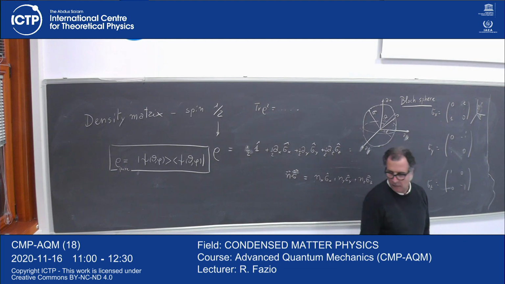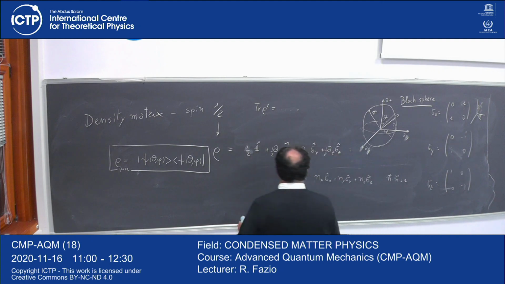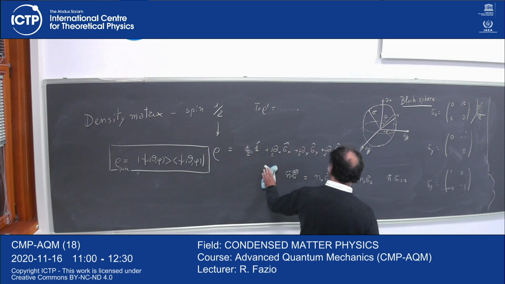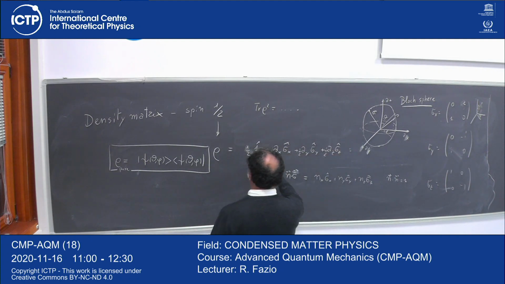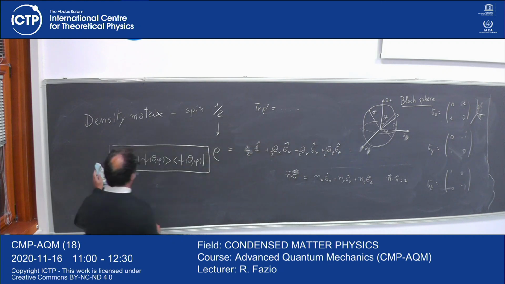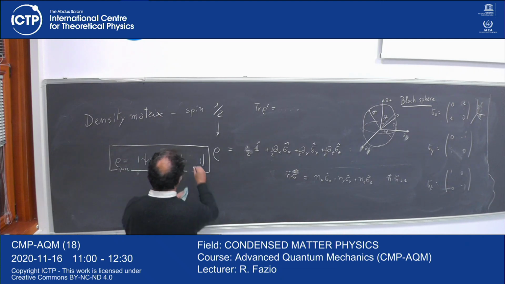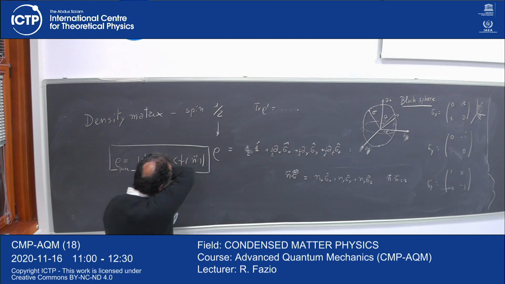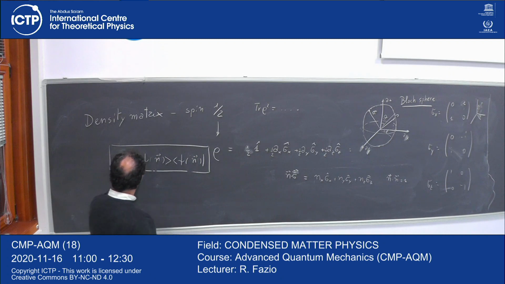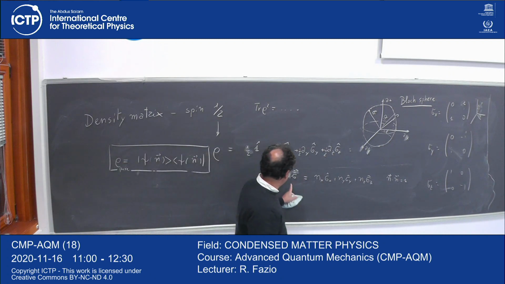So it's like writing in this way: instead of theta and phi, I just put the vector n. This ket n is just an eigenstate of this operator.